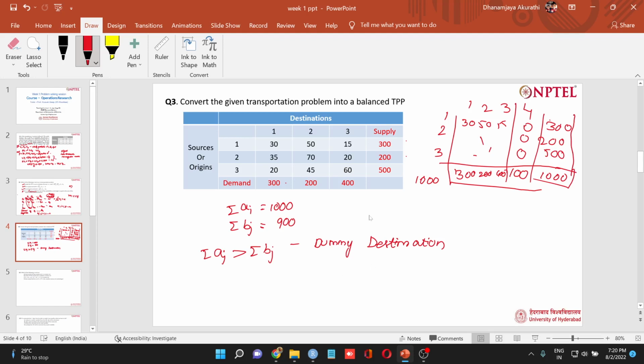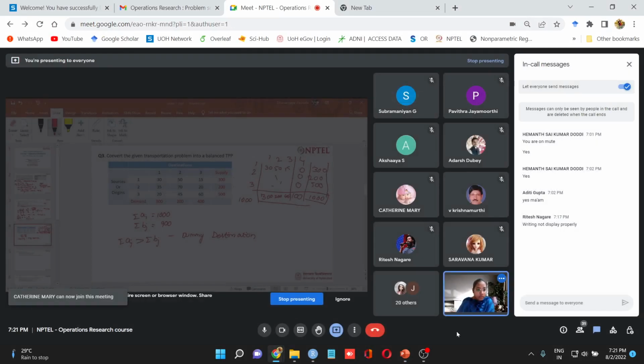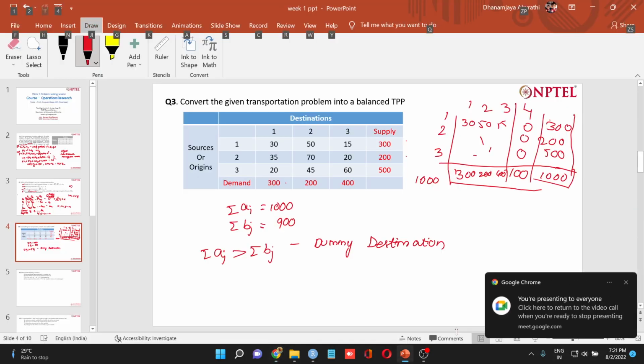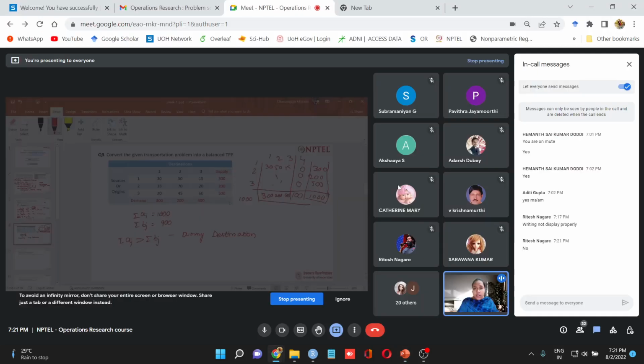Now, is this understood by everyone? If the demand is more than the supply, then what do we have to do?